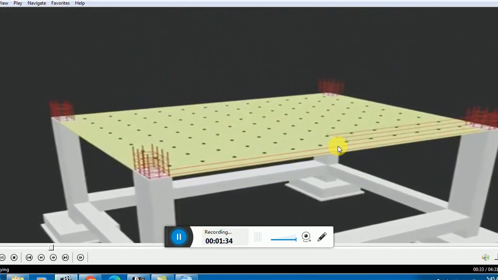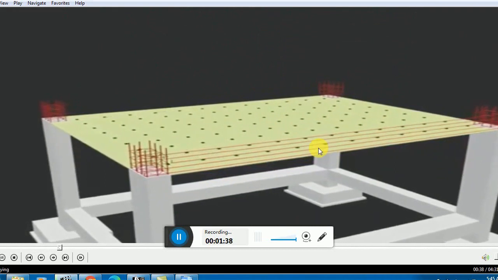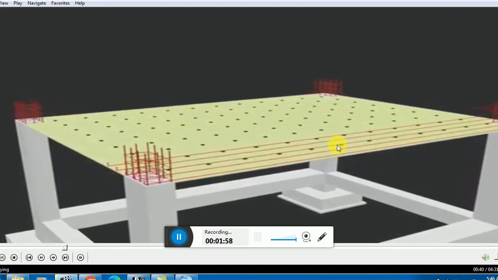This is very important. Why are they placing the bars in the longitudinal direction in the bottom portion? In normal slabs, as they are beam supported slabs, we see the bottom bars are placed in the shorter direction, but here they are placing the bars in the longer direction. I will answer you inshallah in the coming part.